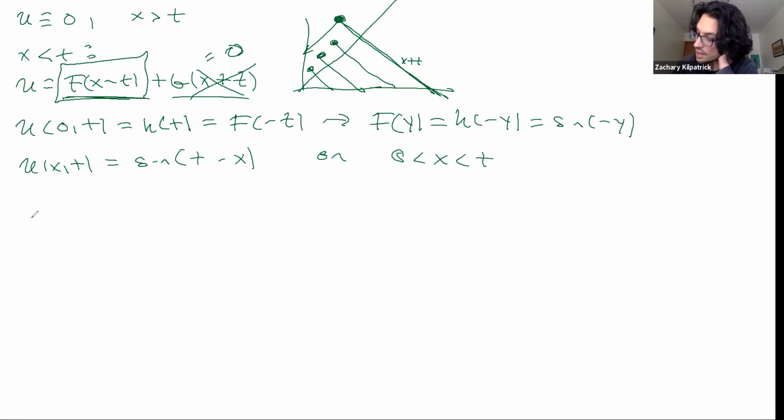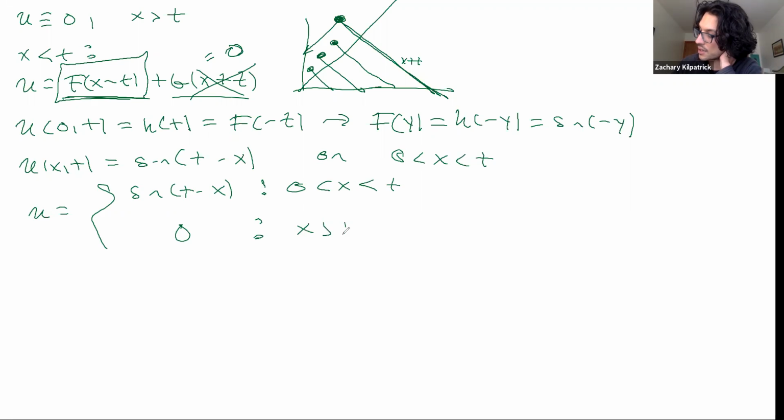And so in general, this is what we wrote: sine of t minus x in this region, and u is 0 when x is greater than t. So then for continuity, we can just check the limit as, let's say, x goes to t from above and below.